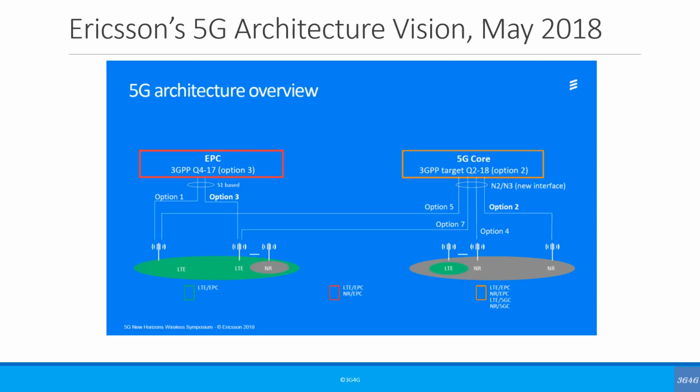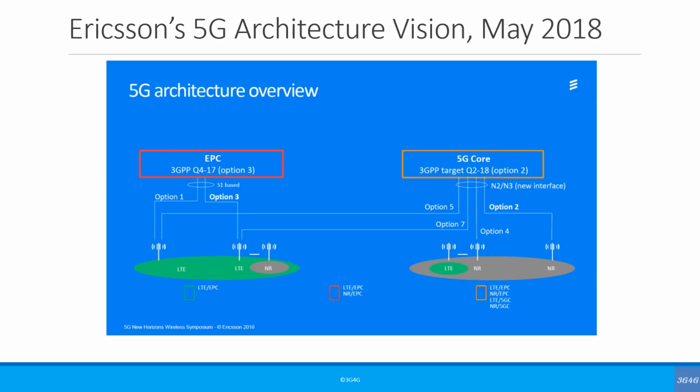Now, note that when I'm talking about option 2 being deployed, option 3 still exists, because I mentioned many times about option 2. So unless you are planning to switch off the complete 4G, or create an option for LTE to connect to the 5G core, option 3 will still continue to exist in many cases.